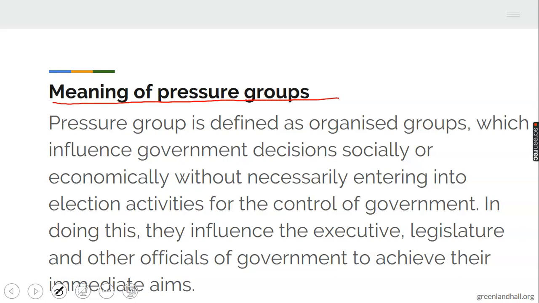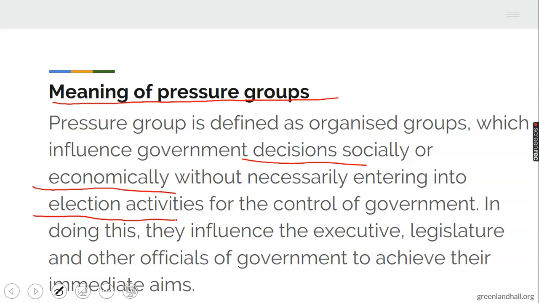Pressure group is defined as organized groups which influence government decisions socially or economically without necessarily entering into election activities for the control of government.